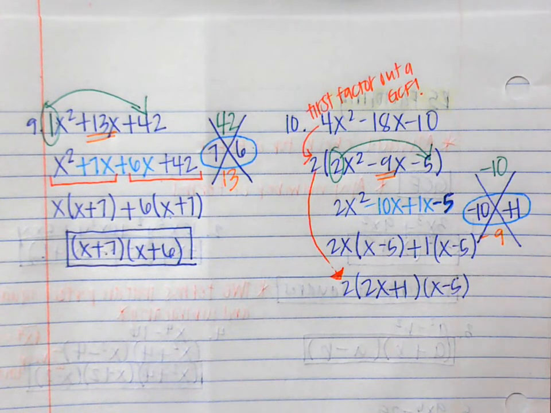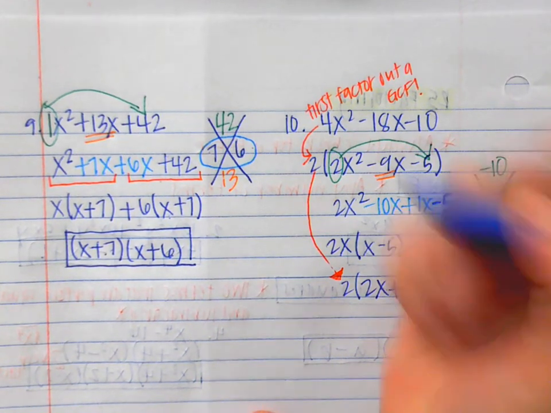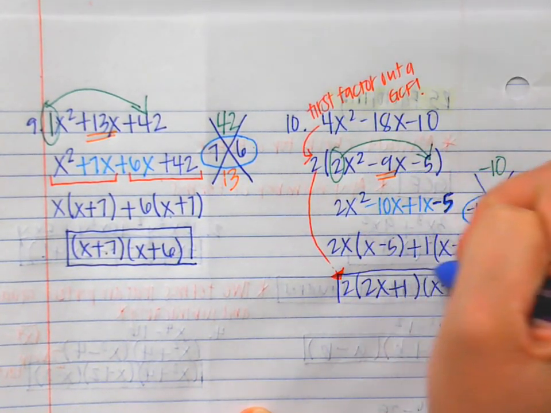Now, if your answer was 4x plus 2 times x minus 5, you can factor that first parentheses further. If your answer was 2x plus 1 times 2x minus 10, you can factor that second one further. So always be thinking about a GCF. This is your final complete answer.